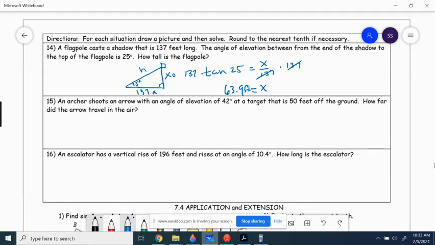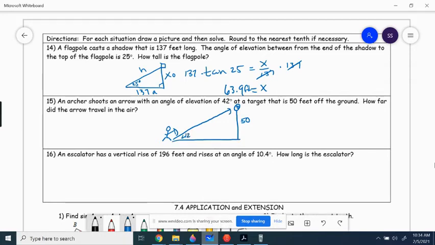Okay, number 15, an archer shoots an arrow with an angle of elevation of 42 degrees at the target that is 50 feet off the ground. How far did the arrow travel in the air? Okay, so let's start with the target. Here's a little target here. This is 50 feet off of the ground. And we've got an archer here. He's shooting a bow and arrow up at a target with an angle of elevation of 42 degrees.